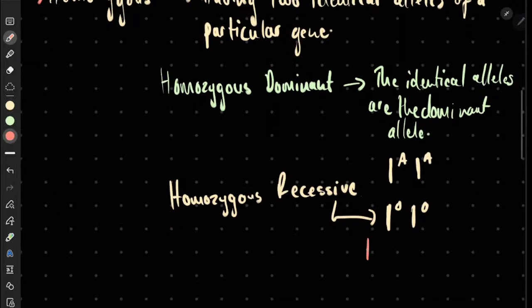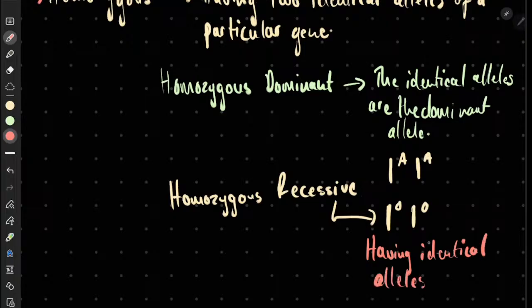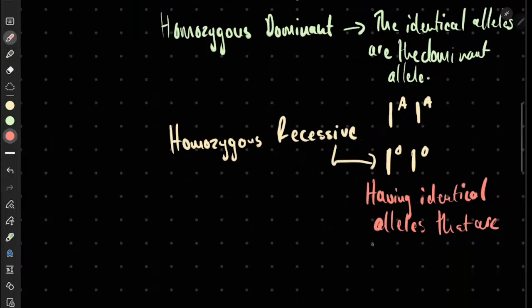Having the same alleles, having identical alleles that are both the recessive allele.